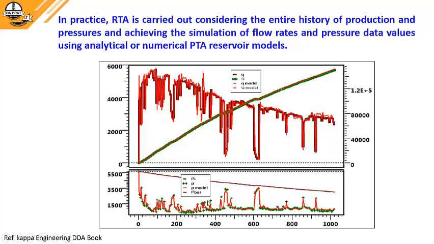In many cases, you can get these bottom hole pressures from the surface wellhead pressures. Then you can do that. And what you see here is the reservoir pressure, bottom hole pressure, and a match, which you get using models.